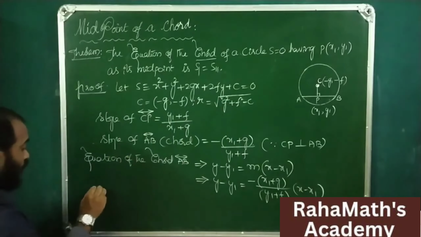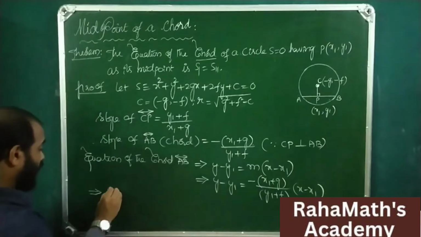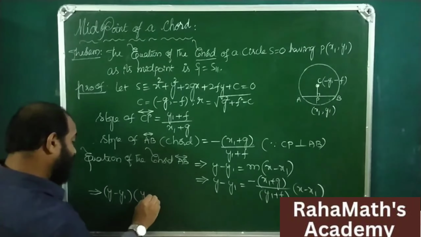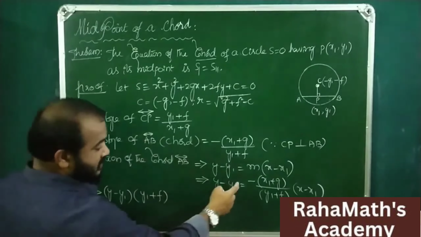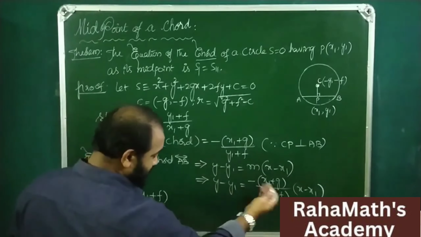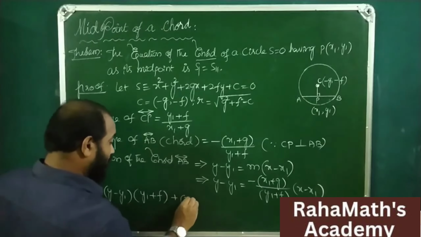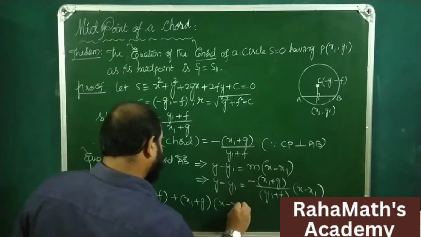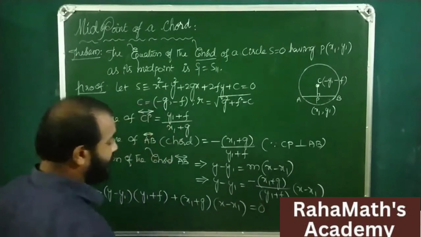If you cross multiply, y minus y1 into y1 plus f equals, this minus term if you bring here, x1 plus g into x minus x1 equals 0.